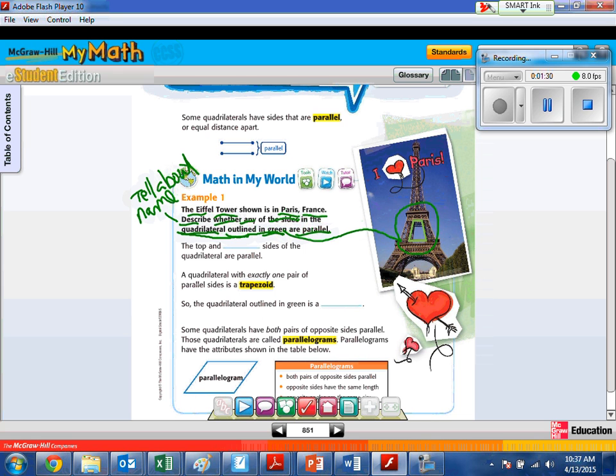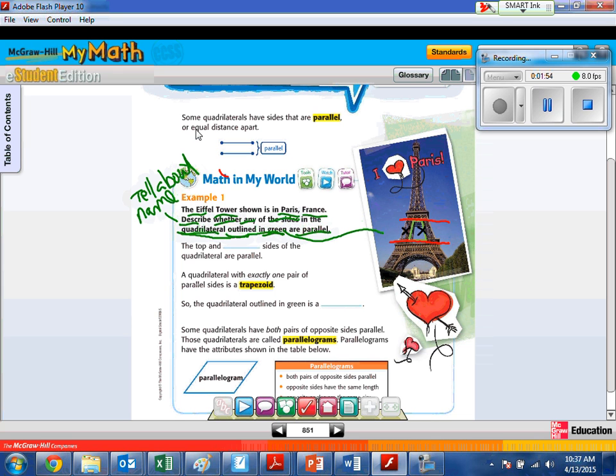Okay? Now, if I look at these side lines right here, if they keep going this way and going this way, you're going to notice, what do they do? They cross. So those lines right there are not parallel. But what about these lines on top, going this way and this way?